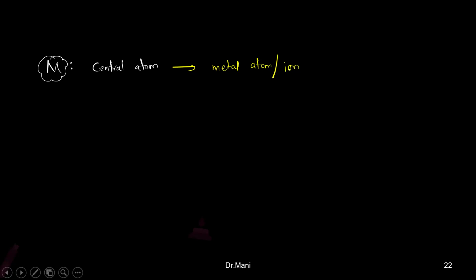The first one is the M, which is nothing but the central atom. So remember what M is: it's a central atom. Generally these central atoms are metals, so the central atom is generally a metal atom or ion. Remember this.